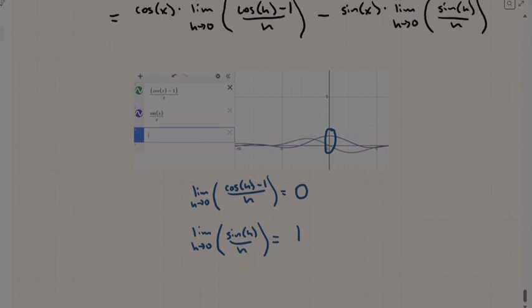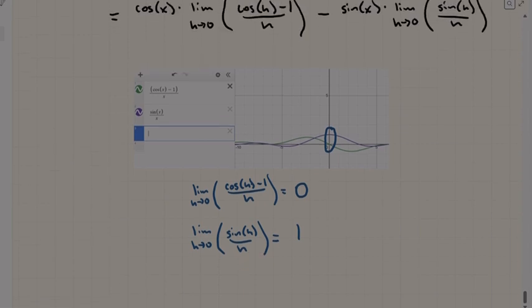But we'll just put them there. Right, and so remember this limit here, cosine h minus 1 over h, that's equal to 0. And this limit, sine h over h, is equal to 1.